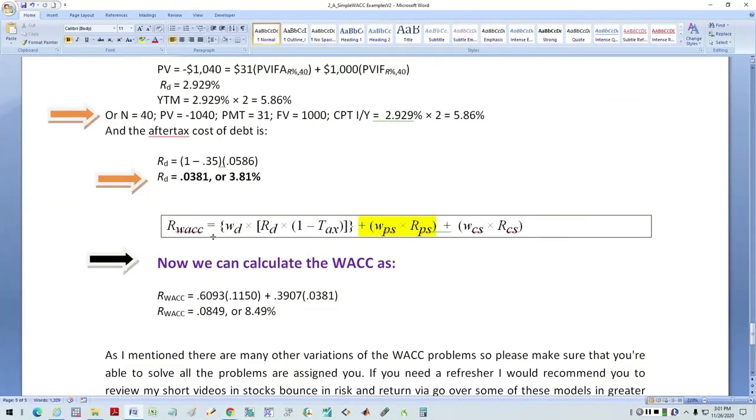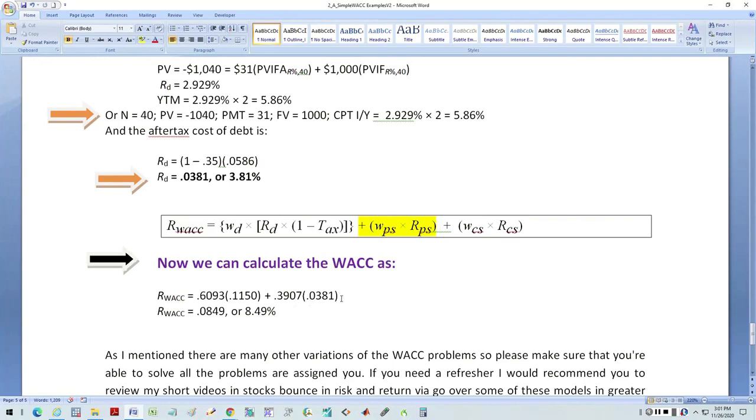So our WACC is the weight of debt times the after-tax cost of debt plus the weight of common stock times the cost of equity. That is, the weight for equity times the cost of equity, plus the weight for bonds times the after-tax cost of bonds, and that gives us a WACC of about 8.49%.